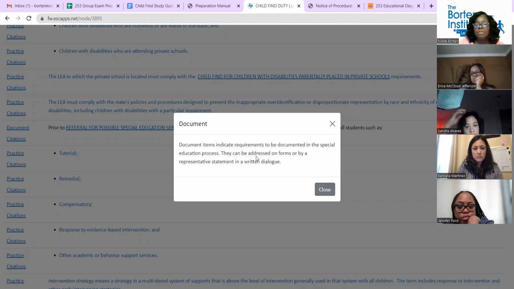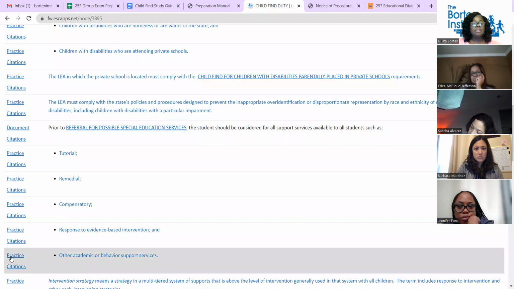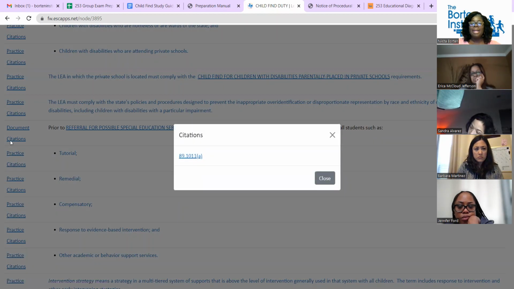They can be addressed on forms or by a person making a statement, a written statement, a written summary of some dialogue that was had. It is a document or documentation that is required by law, no way around it. How do we know it's required by law? Because it gives us a citation for it. Cited in the law that this document or this documentation is required.